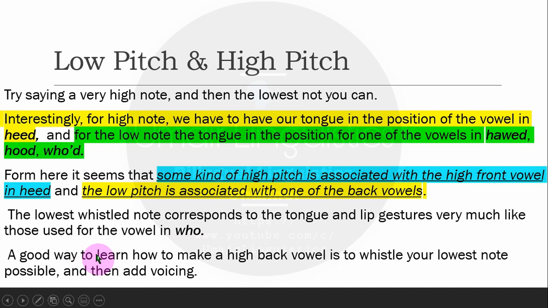And a good way to learn how to make a high back vowel is very simple. For example, if you say a very low note, like ooh, and then I constantly start adding voicing, like ooh, in this way.